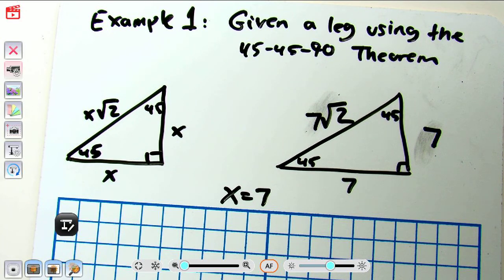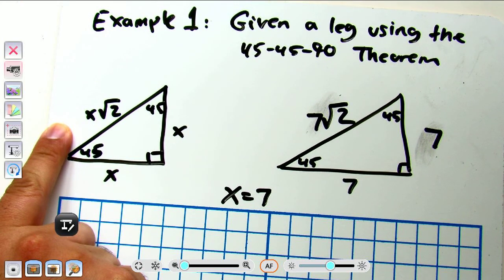So let me erase this and let's do another example. But in the second example, I'm just going to give you the hypotenuse. So what if we're given this side and we want to find out these two sides?